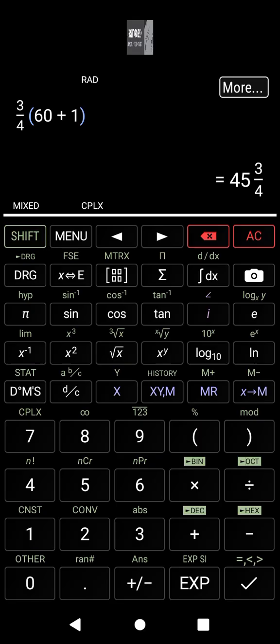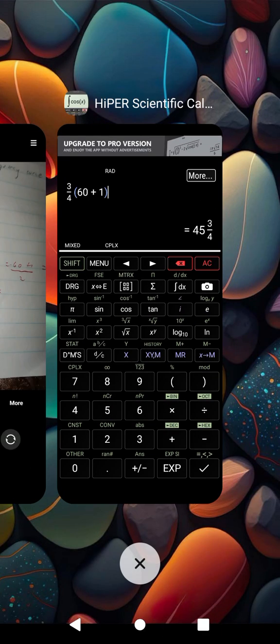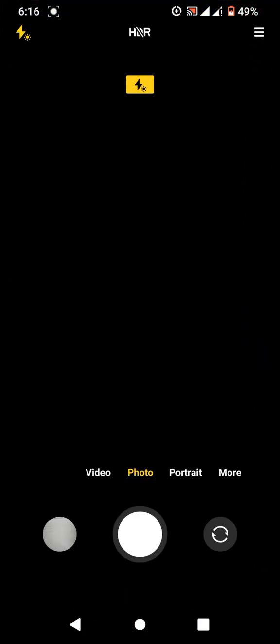So that's 45 and 3/4. Let's return back. So we have 45 and 3/4.